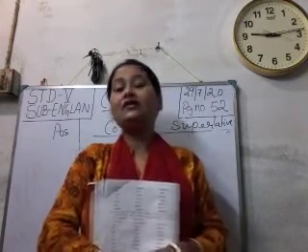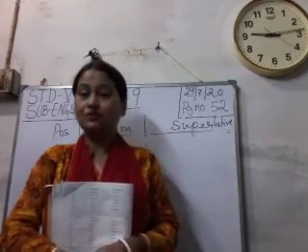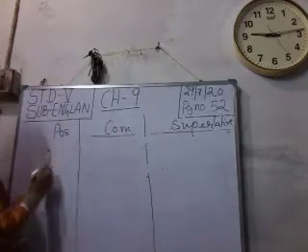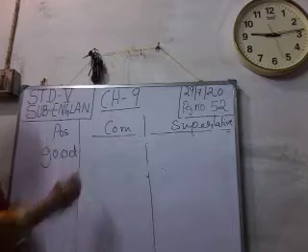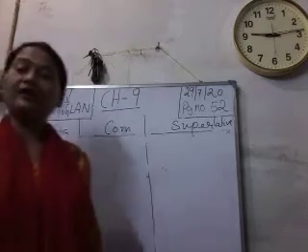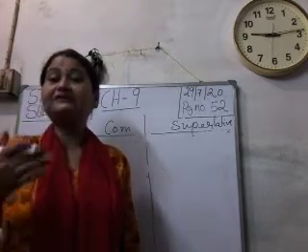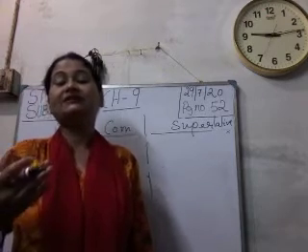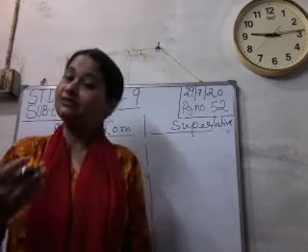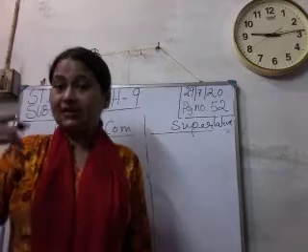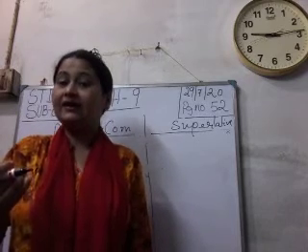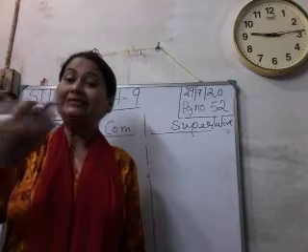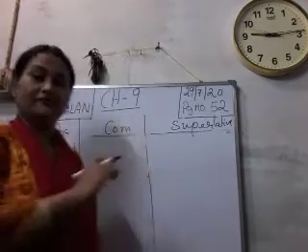Now I said Ravi is a good boy. So when I talk about Ram, I will say Ram is better than Ravi. Suppose Ravi is good in studies, and someone else says no, Ram is better than Ravi.